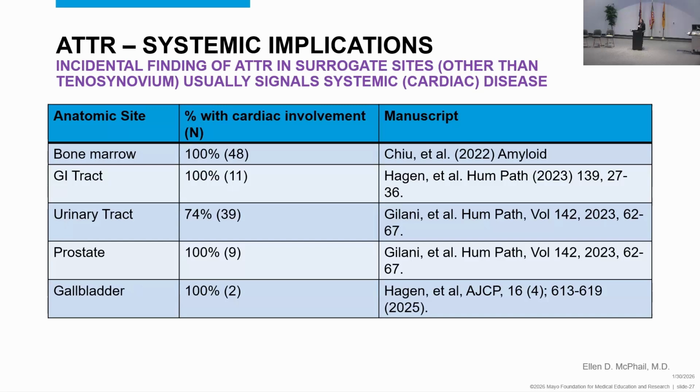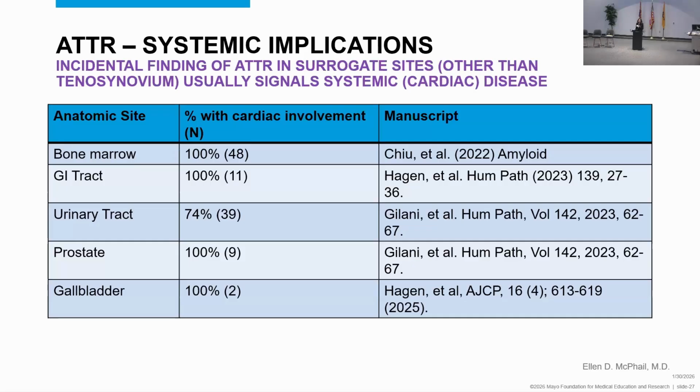Because what we have found, we've been studying these different anatomic sites, and we're finding consistently when we find TTR amyloid in these sites, they all have cardiac disease. So this is something that you think about using. It might be a way to spare a patient a cardiac biopsy if you can go back to a recent specimen.